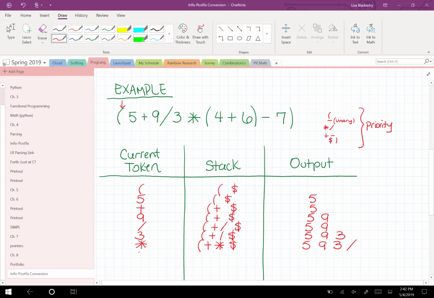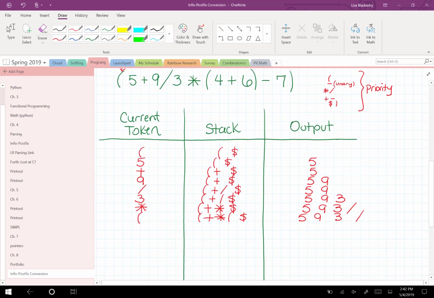Okay, then we have another left parenthesis. And 4.